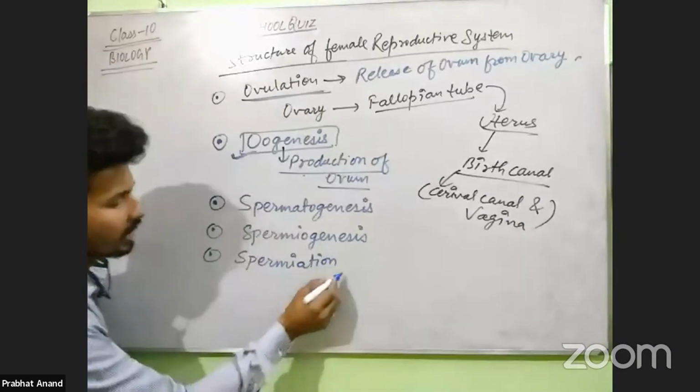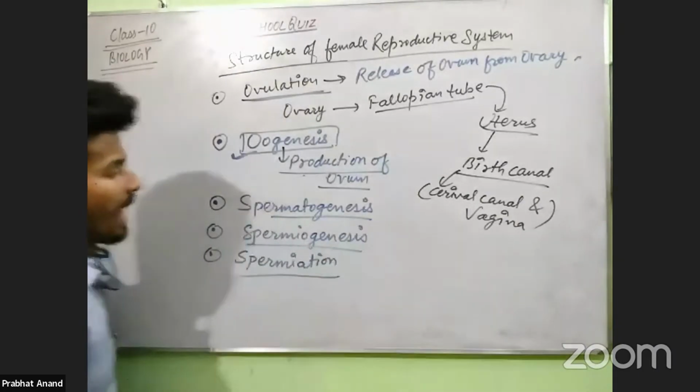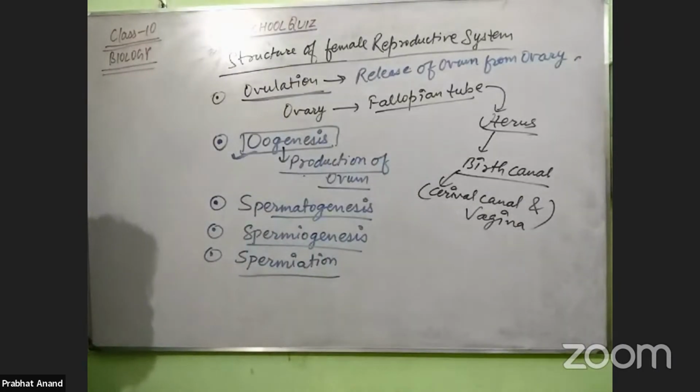This is totally above the 10th level, so I haven't talked about these topics. But as we talked about the production and release of ovum, in the same way I will talk about the production of sperm in the testis and release of sperm from the testis.